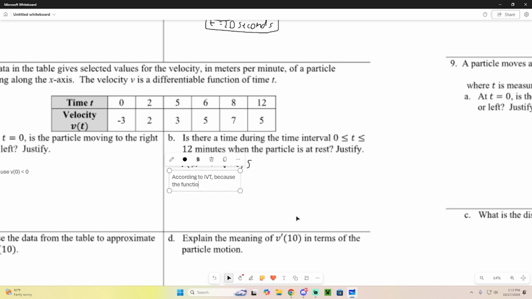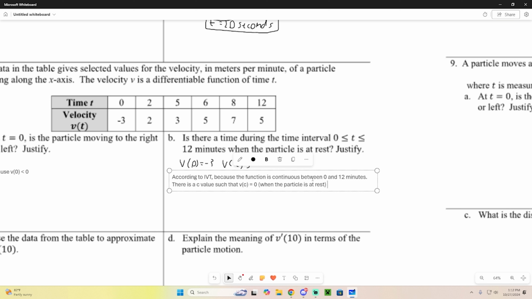So for the justification, we can just say according to IVT, because the function is continuous between 0 and 12 minutes, there is a c value such that v of c equals 0 when the particle is at rest.